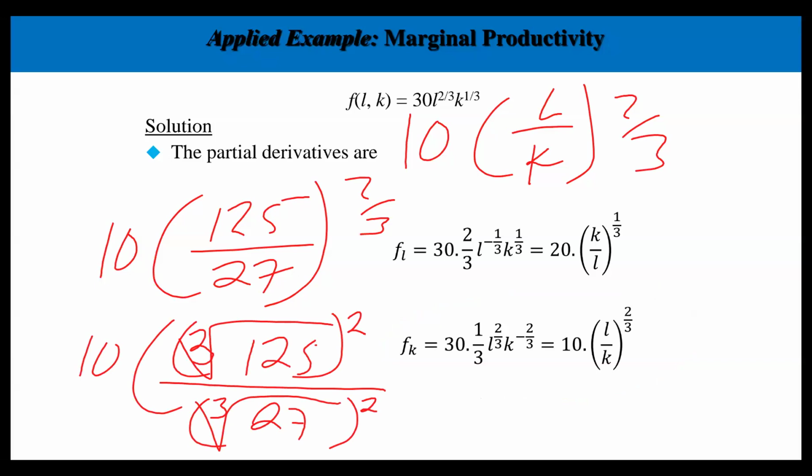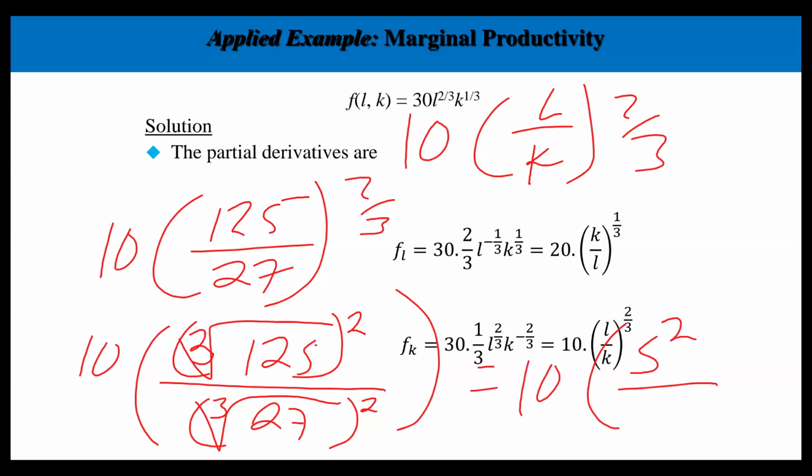And then when we work out these, what is it that we're going to find? We know that we shall have 10 multiplied by the root of 125, which is 5. So the cube root of 125 is 5. Then we have 5 to the power 2, which is 5 squared. And the cube root of 27 is 3, squared, like that.